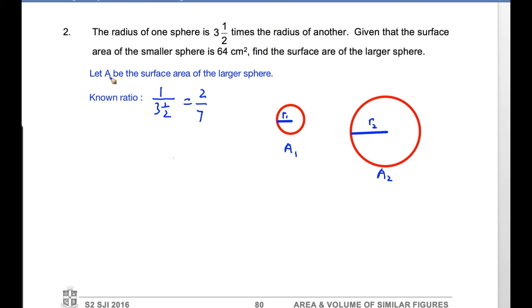The surface area of the larger sphere is A, so the ratio of the corresponding surface areas, 64 over A, is equal to the square of the ratio of corresponding lengths, which is the known ratio. From here, we can find the value of A, which is 784 cm squared.